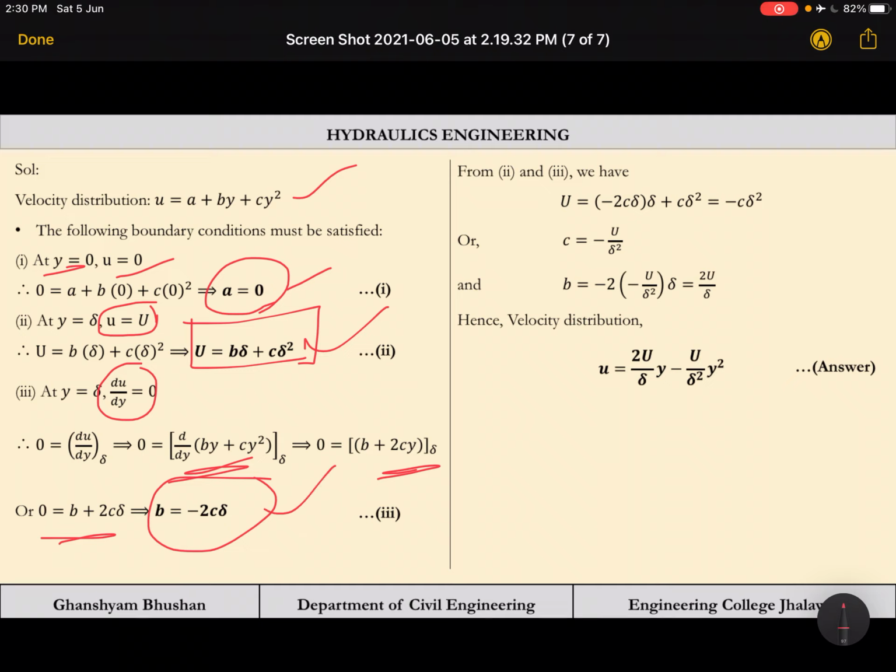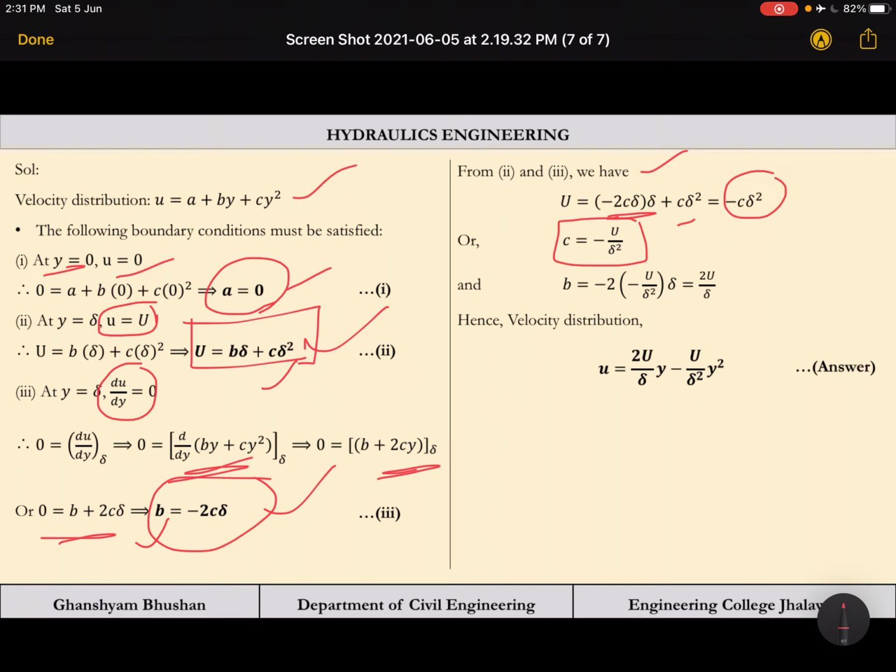Put the value of b from the third equation into the second equation. So from 2 and 3 we have capital U equals minus 2 c delta multiplied by delta plus c delta square. So minus 2 c delta square plus c delta square will be minus c delta square. So c comes out as minus U by delta square.